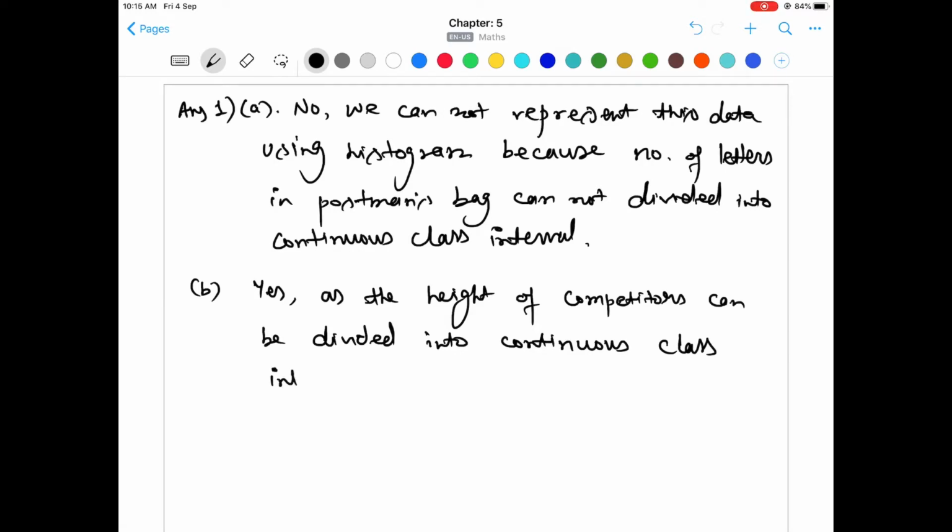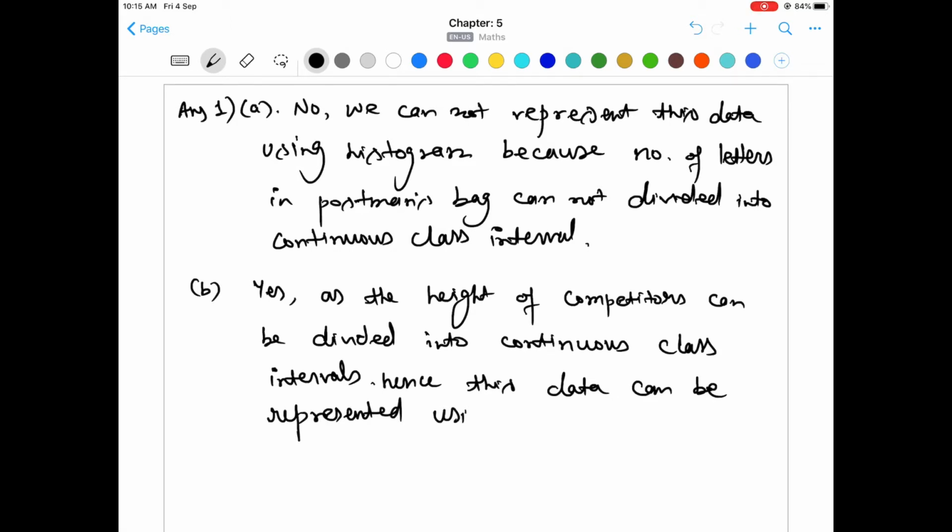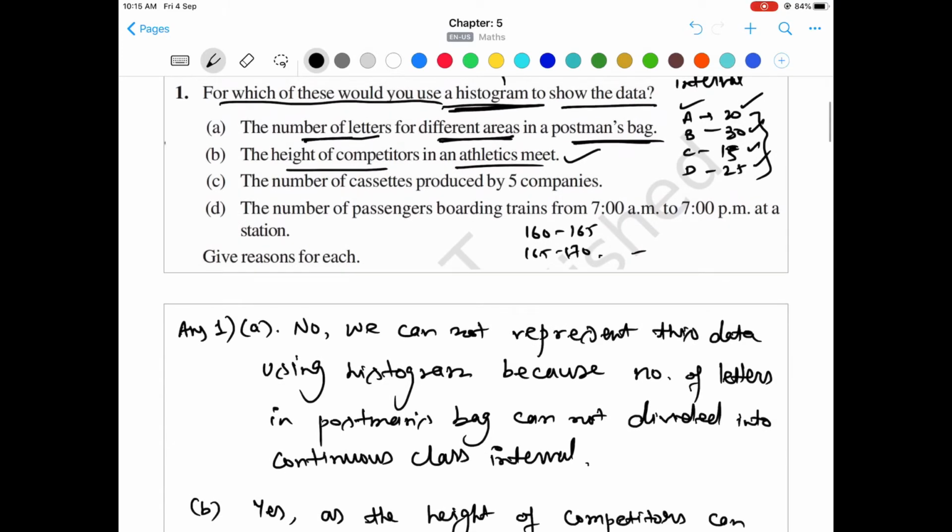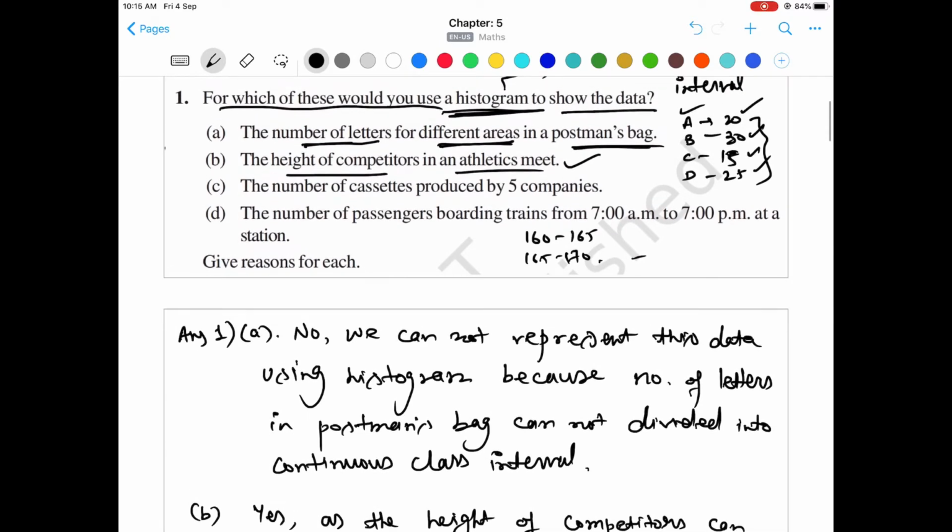Hence, this data can be represented using a histogram. So the answer for the second part is yes.